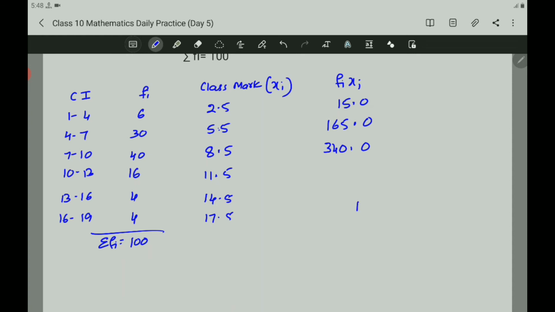Then 16 into 11.5, or you write 11.5 into 16. 16 5s are 80, 16 plus 8, 24, 16 plus 2, 18. So you got 184.0.